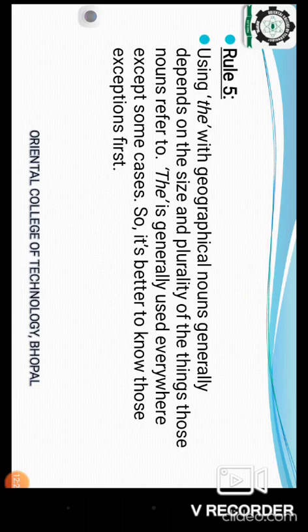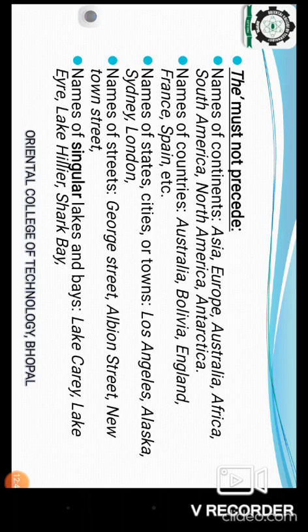Rule number 5. Using the with geographical nouns generally depends on the size and plurality of the things those nouns refer to. The is generally used everywhere except some cases, so it's better to know those exceptions first. The must not precede names of continents: Asia, Europe, Australia, Africa, South America, North America, Antarctica.